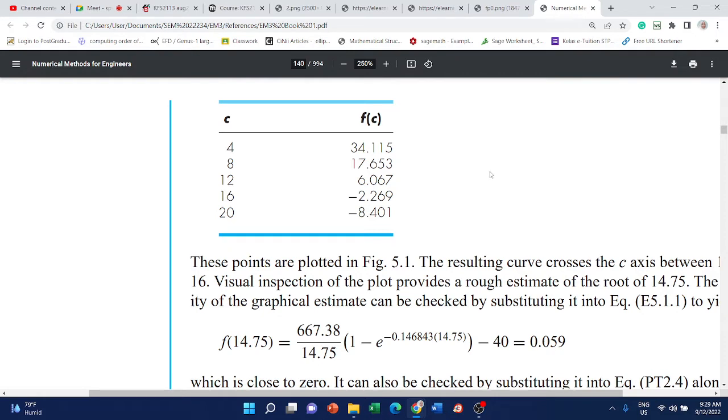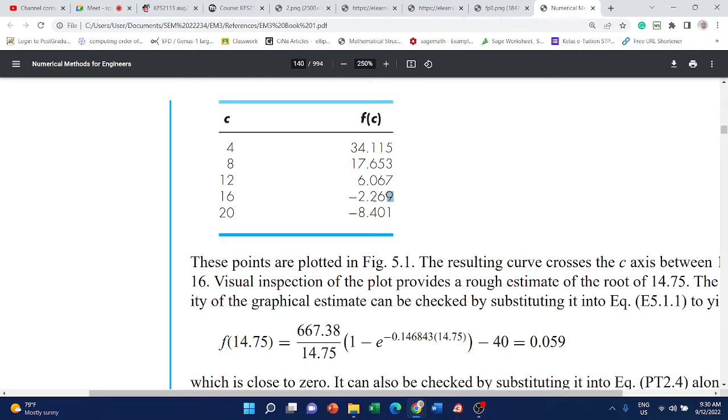Now for any nonlinear function, f(c) equal to 0 means your root. Your root means when f(c) is equal to 0, c will map into a value. That value is called a root. Now f(c) equal to 0 lies in this interval, between 6.067 and negative 2.269. Right? 0 lies between 6 and negative 2. Am I right?